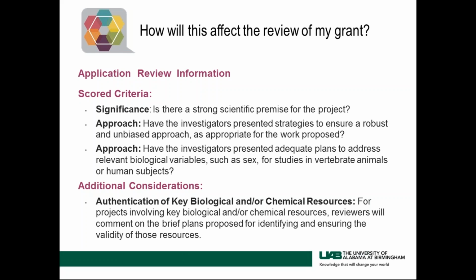Key thing, how strong is your scientific premise? Let's be clear, that's not a literature review. Literature review is a sub-component of your scientific premise. Scientific premise is a much broader scope.